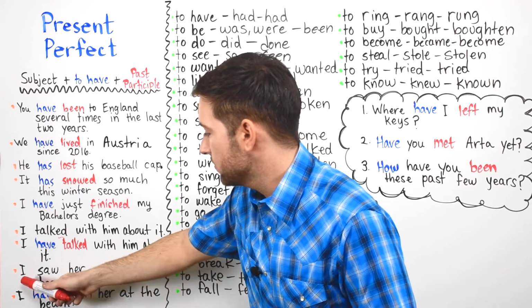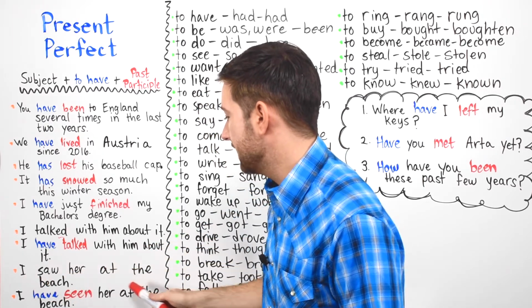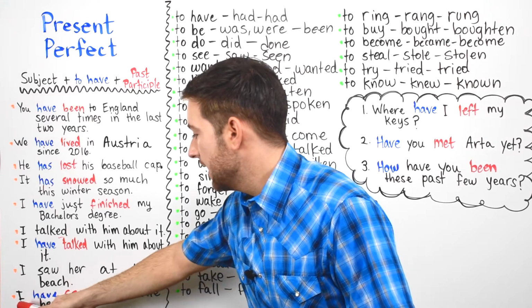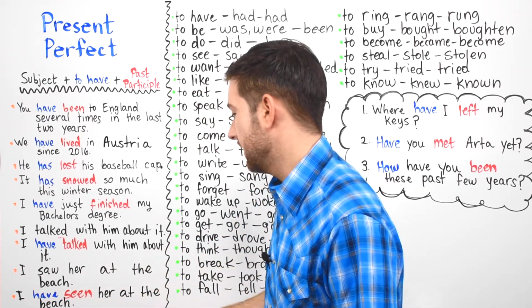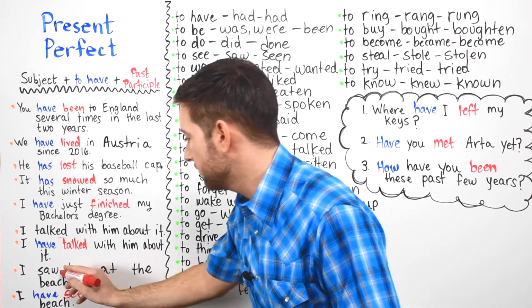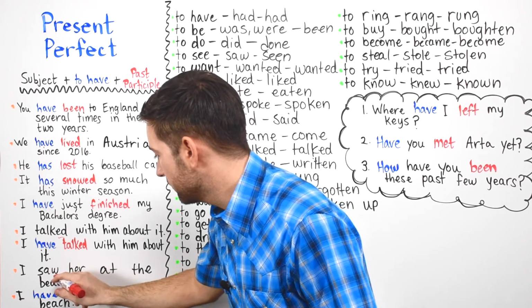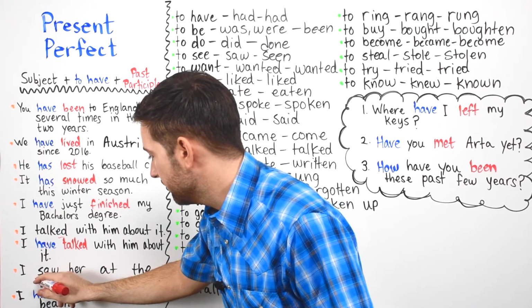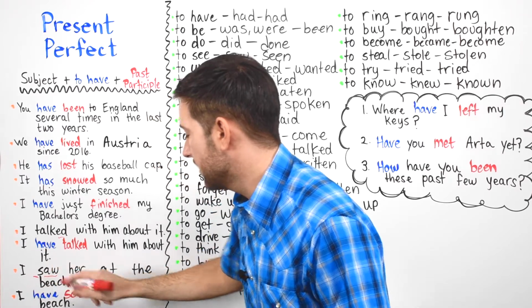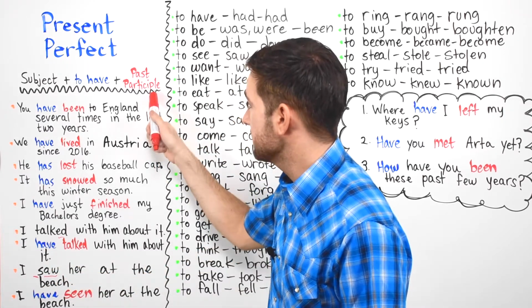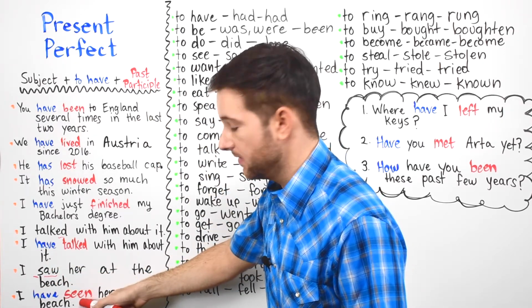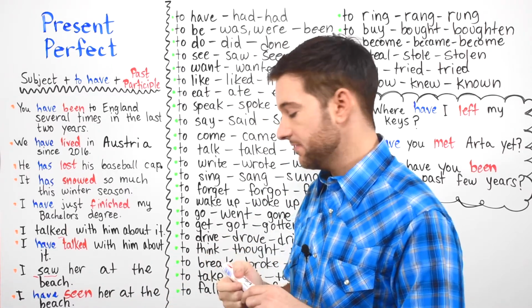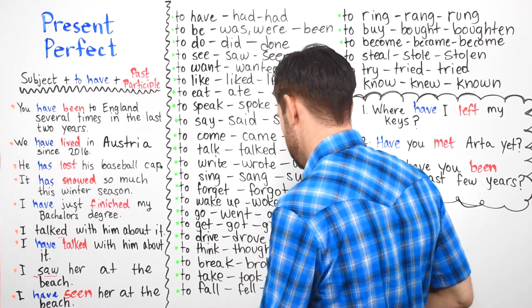Okay, and then next we have, I saw her at the beach versus I have seen her at the beach. So notice here that, coming from the verb to see, we have the simple past form of saw, and then we have the past participle here, seen. Okay, so there are differences, guys. You have to keep your eyes peeled for those.